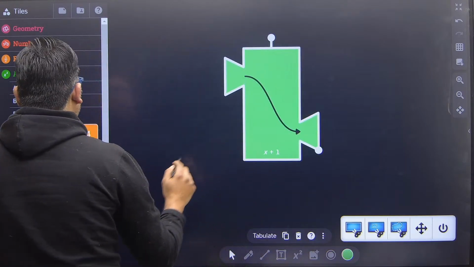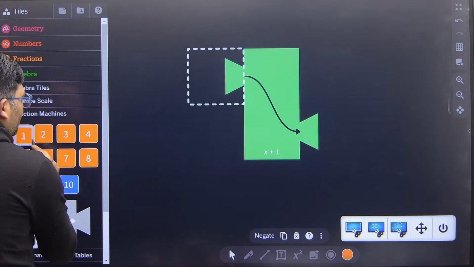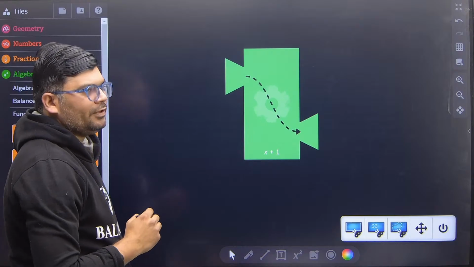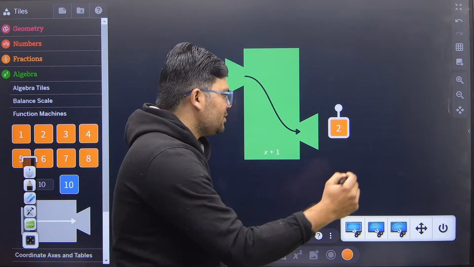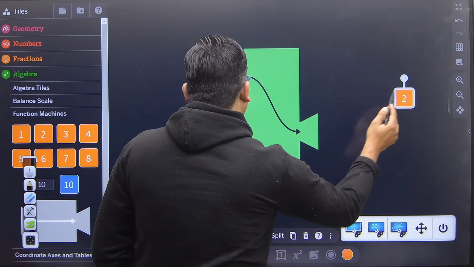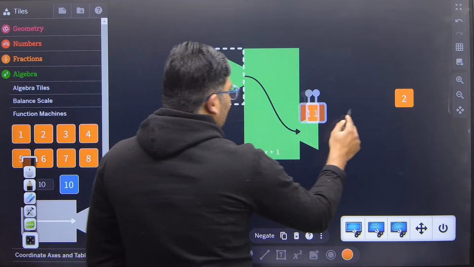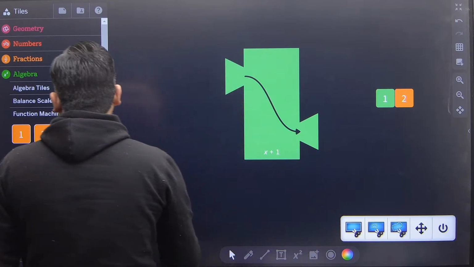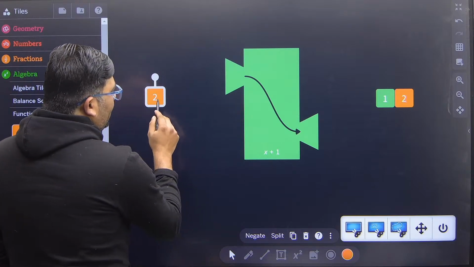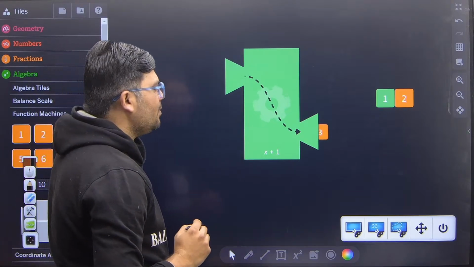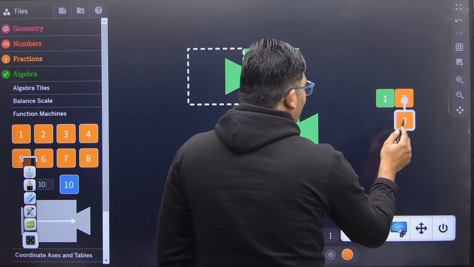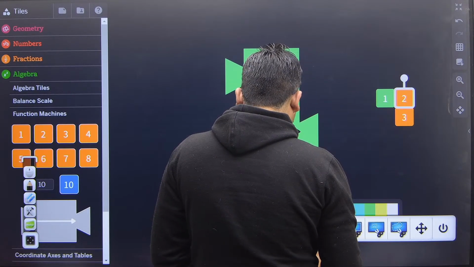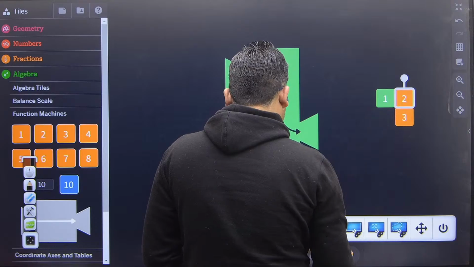In this function machine, the set of numbers which we throw into the machine is known as the independent variable, and the number which comes out is known as the dependent variable. So 1 is the independent variable and 2 is the dependent variable. Similarly, if I throw 2 into this, 3 will come out. So 3 is the dependent variable and 2 is the independent variable. Are you getting it? Yeah.